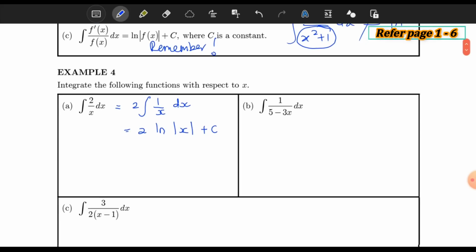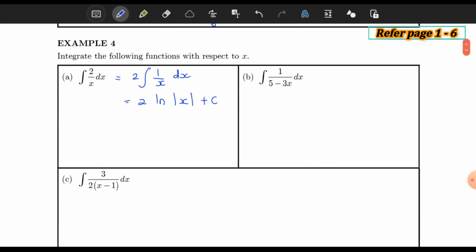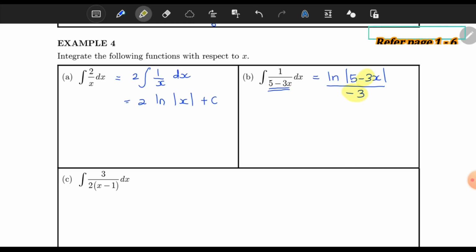Okay, so we go back to example part B. 1 over (5 minus 3x). 5 minus 3x is a linear function. So we will get ln (5 minus 3x) divided by, okay, we differentiate the function, we will get negative 3. We have negative 3 here and plus c.